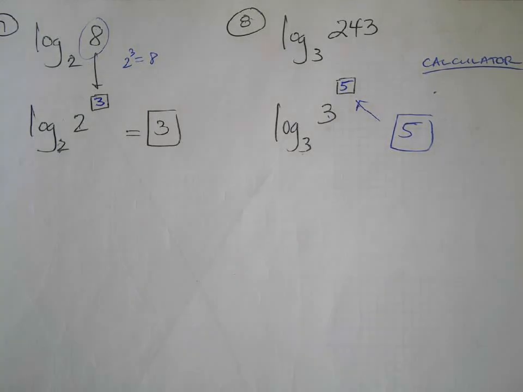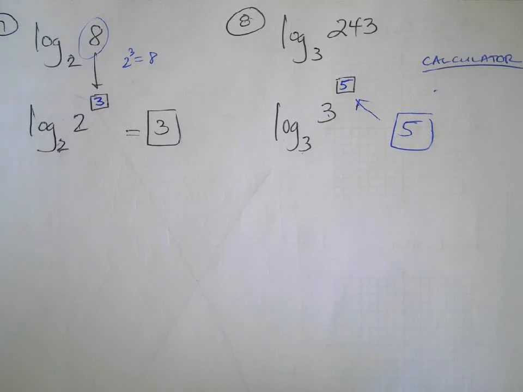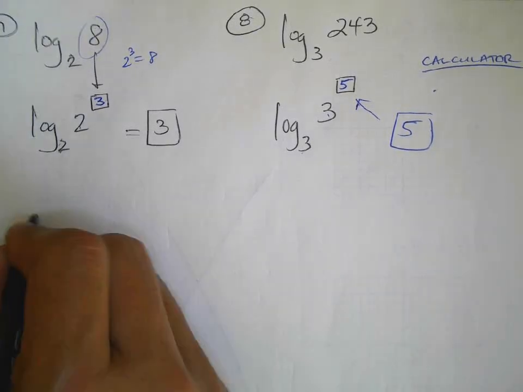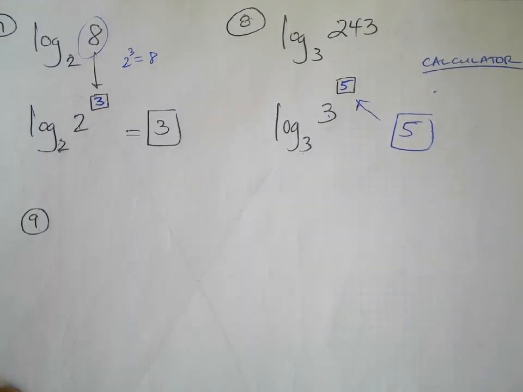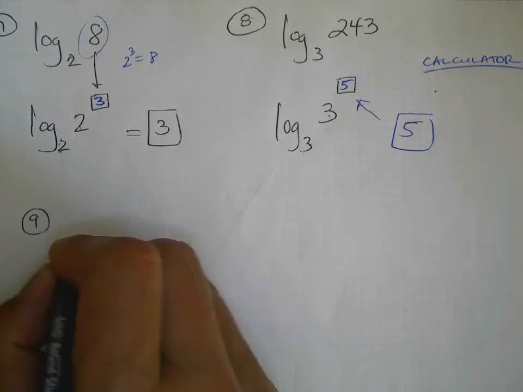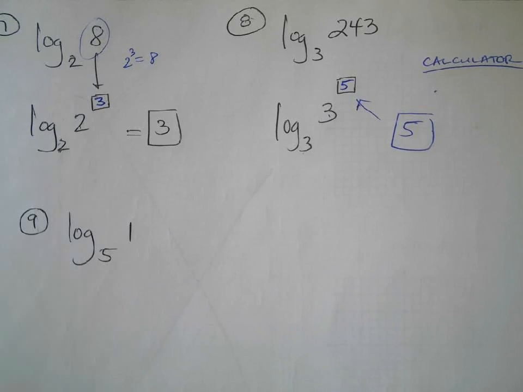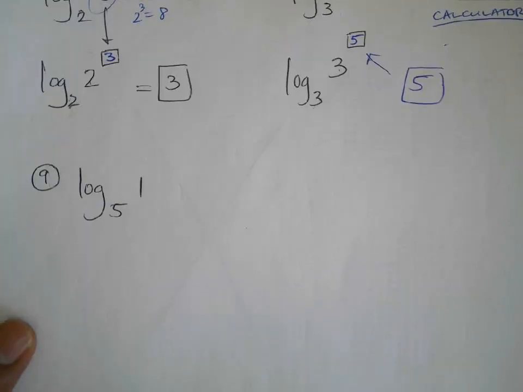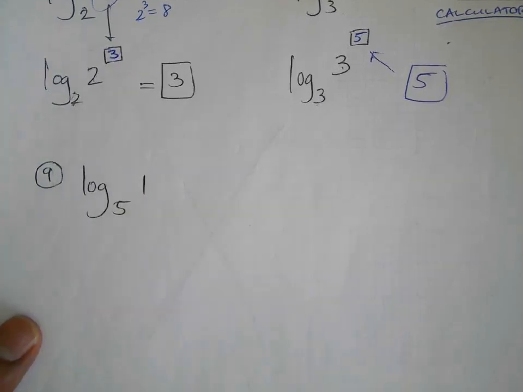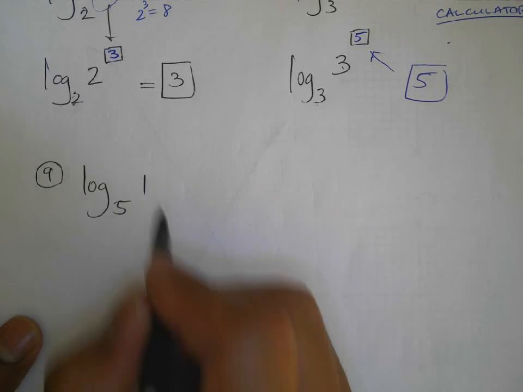Okay, number 9. Log base 5 of 1. How do we get 1 with a base of 5? Well, we did talk about it before.